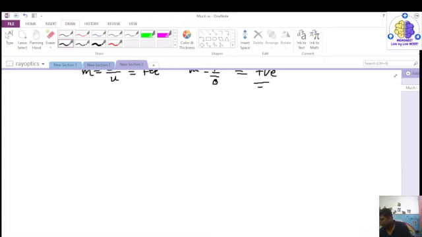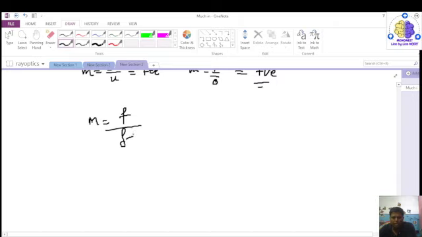Magnification can also be given using the formula m is equal to f upon f plus u, and m is equal to f minus v upon f, right?